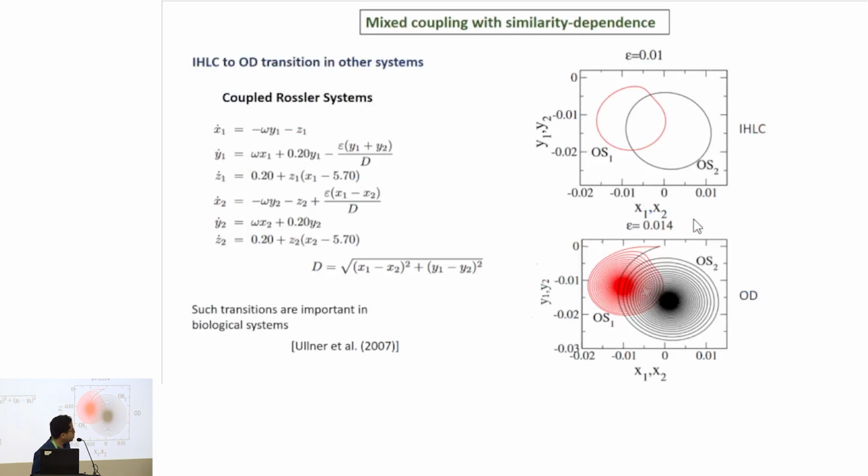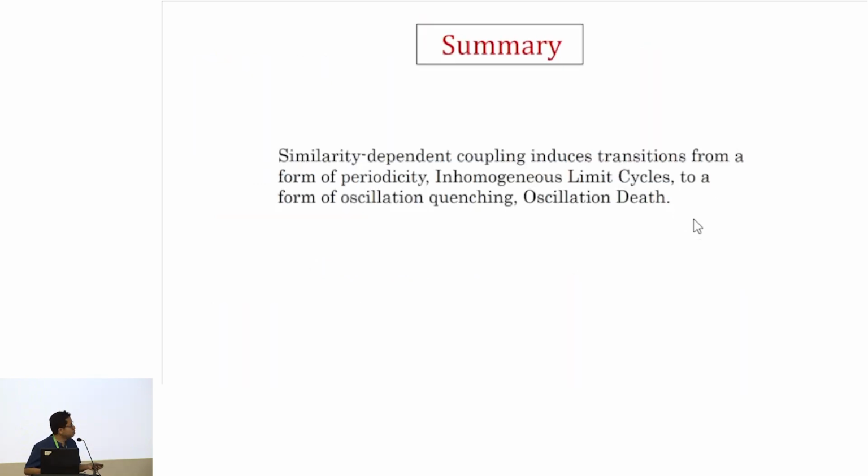We have also seen this transition in chaotic systems, where we couple two Rossler systems in the mixed coupling scheme, then introduce the distance dependent term, and we have seen similarly ISLC to OD transitions. The main point of this study has been finding this transition from inhomogeneous limit cycle to oscillation death state.